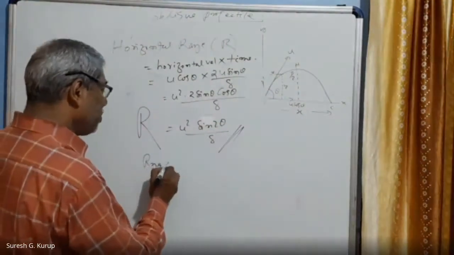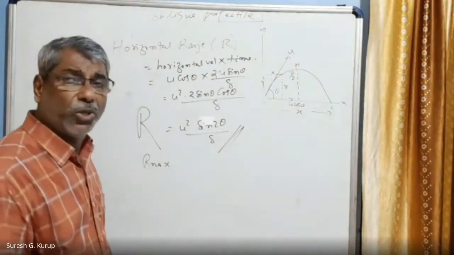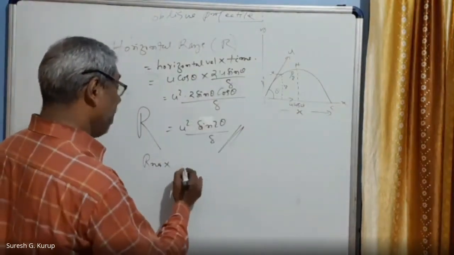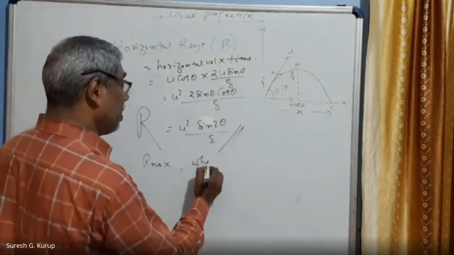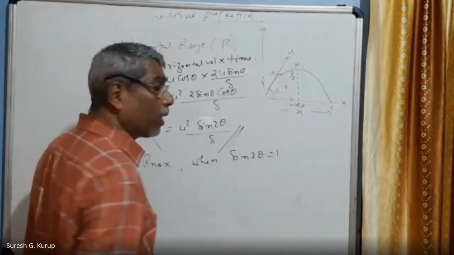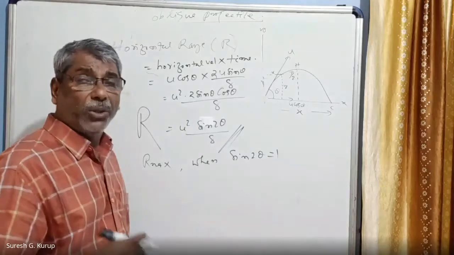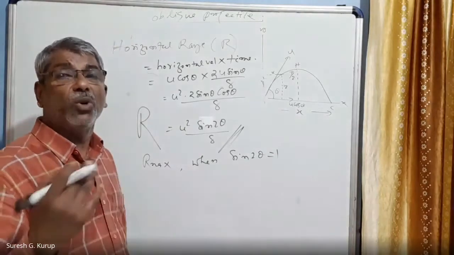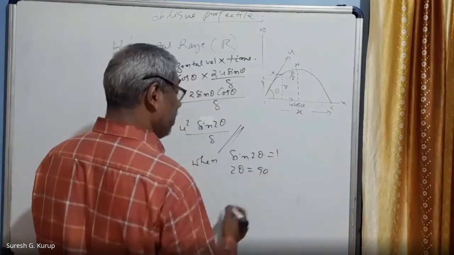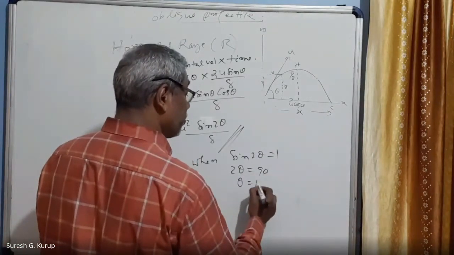R max means the horizontal range is maximum when sine 2 theta is maximum. R is R max when sine 2 theta is equal to 1. Sine 2 theta equal to 1 means 2 theta is equal to 90 degrees. That is, theta is equal to 45 degrees.